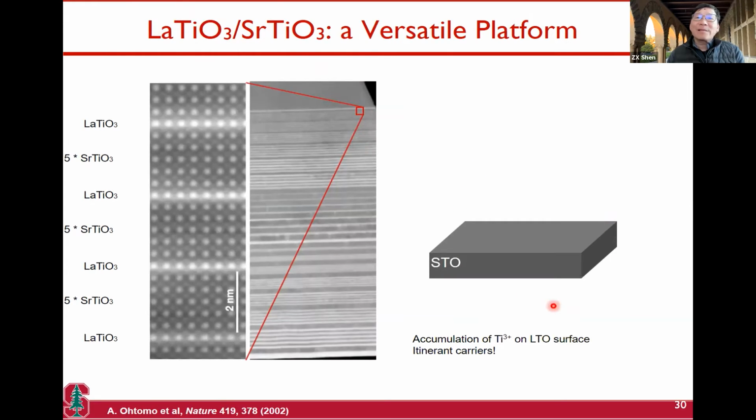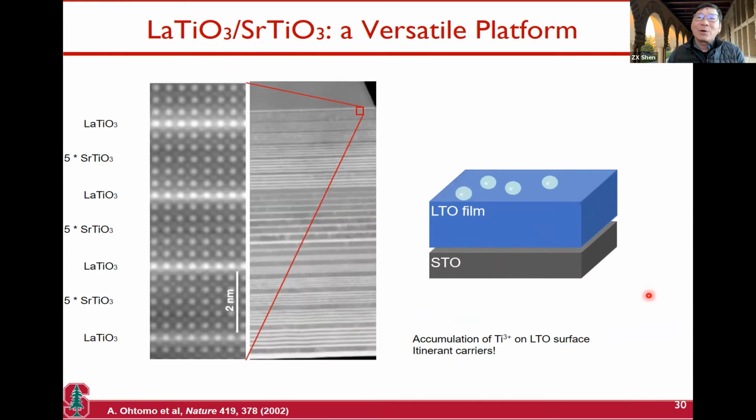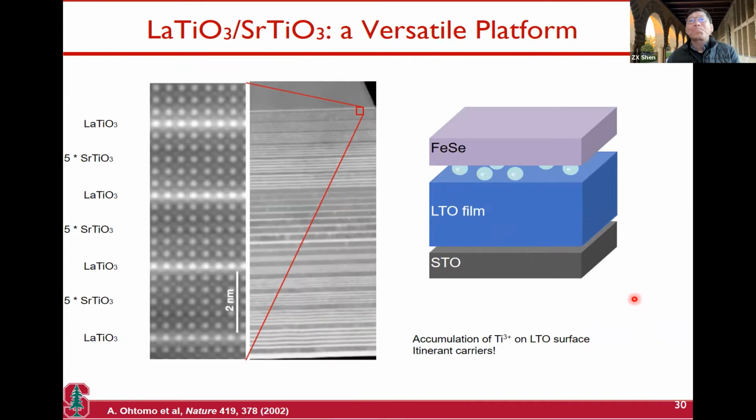What they say is that if we start with strontium titanate and grow different thicknesses of lanthanum titanate, you have a different amount of carriers, a charge reservoir to dope your film. This way you can dope the same film, but maintain the interface quality to be consistent.